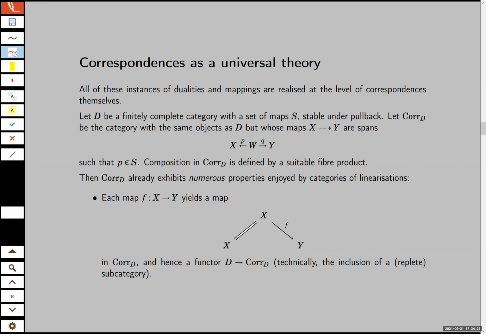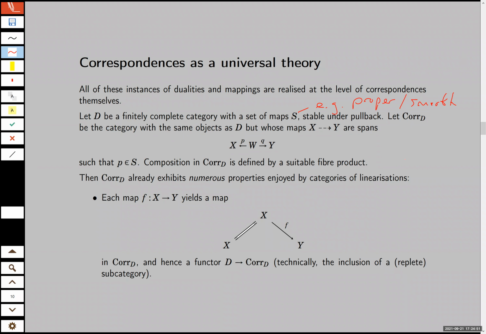So in examples, say if D is the category of schemes, typical examples for S would be something like proper maps or smooth maps or proper and smooth maps. A class of maps that is going to allow you to have push forwards and base change formulas, which is something that's intrinsic to the subject.